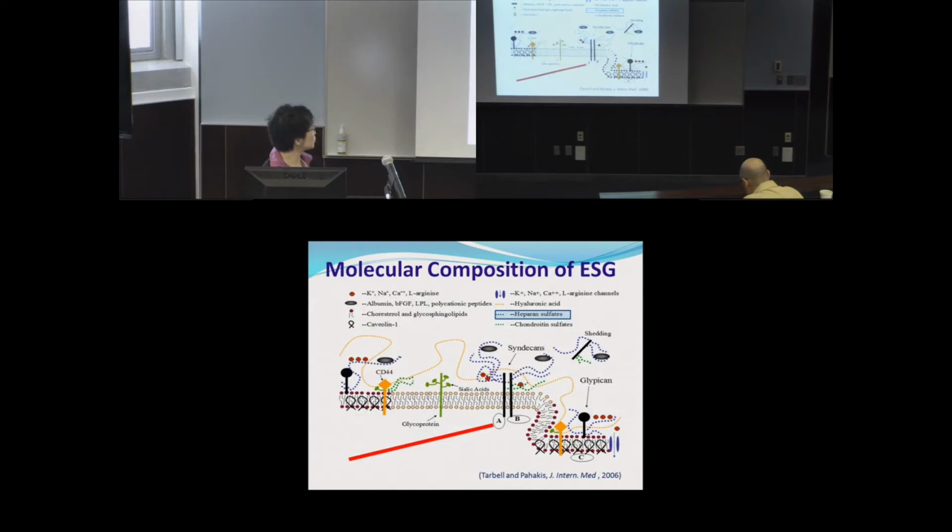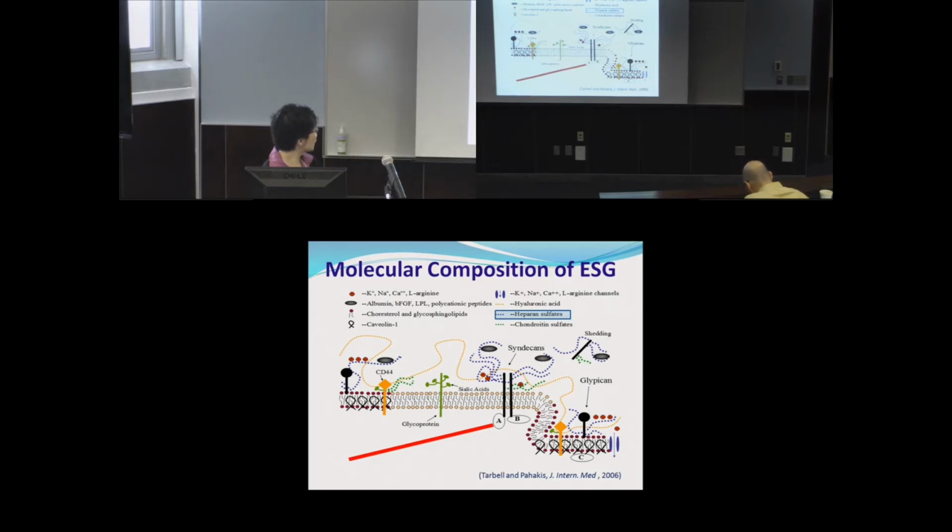Here I show you a cartoon of the molecular composition of this surface glycocalyx. This is the lipid layer of the endothelium cell. We can see there are a lot of proteoglycans and glycosaminoglycans in this layer. I give you some examples. This blue dotted line indicates heparan sulfates. This yellow one is hyaluronic acid.